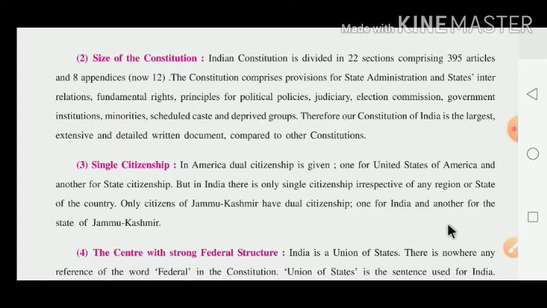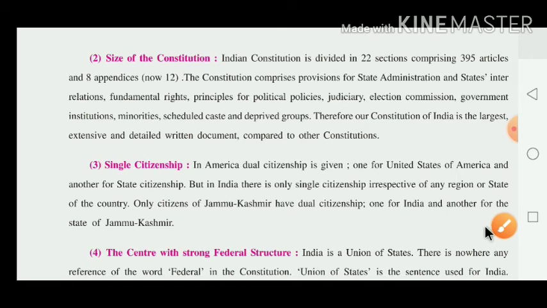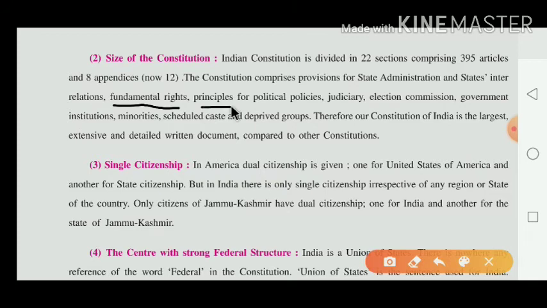Also included are fundamental rights, principles and political policy, judiciary, election commission, government institutions, minorities, scheduled castes and deprived groups.